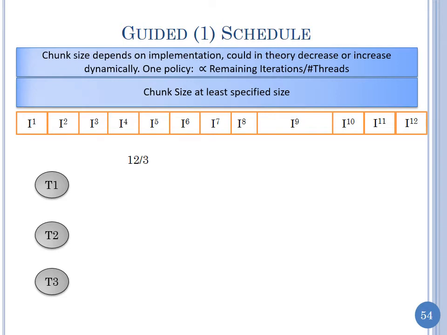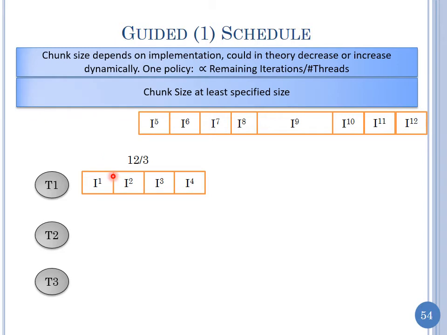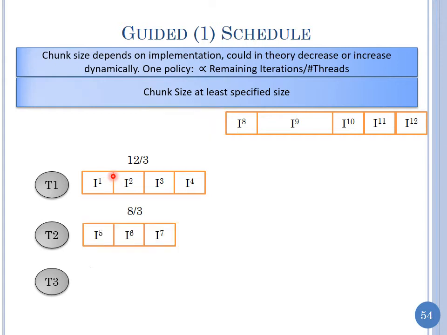So in the beginning, we have 12 pieces of work, 12 iterations. So the thread T1 has to be assigned. We divide 12 by 3, it evenly divides, so we assign it 4 iterations. Now there are 8 left. We divide 8 by 3, take the ceiling of that number and we get 3.